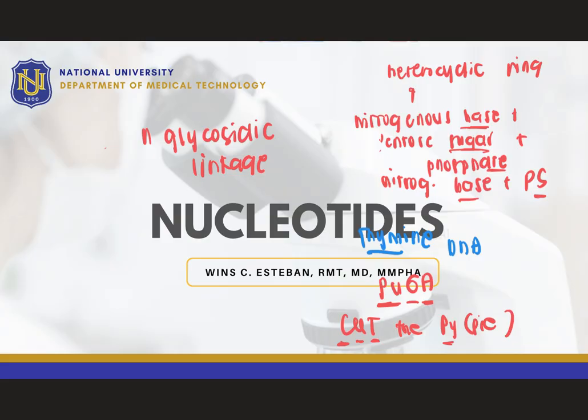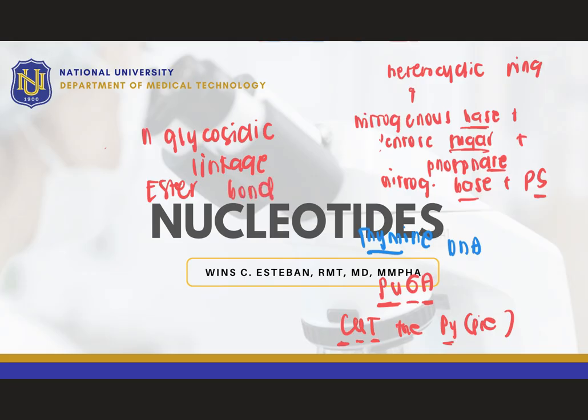That's why your nucleotide refers to the combination of your nucleoside plus your phosphate. So, di ba I told you earlier that your N-glycosidic linkage will serve as the bond between the base and the sugar in your nucleoside. So, now naman, sino kaya yung nagsaserve as a bond between your pentose sugar and your phosphate? It will be your ester bond.